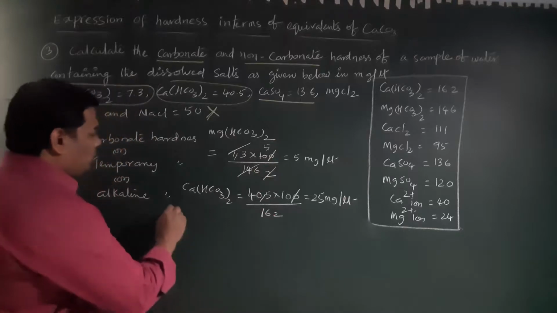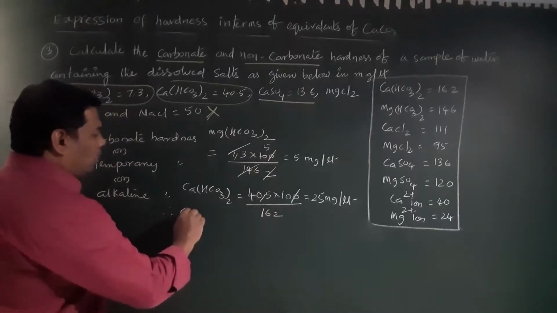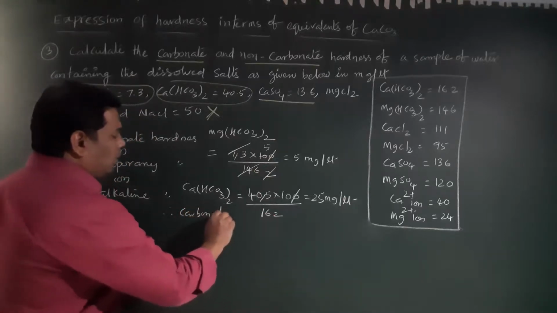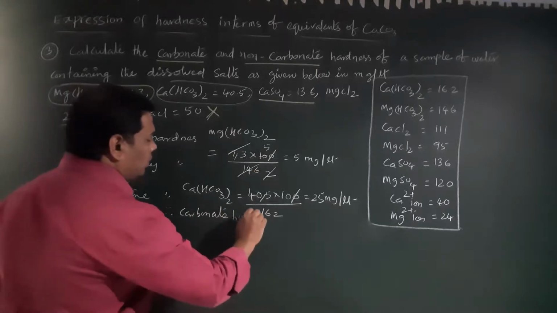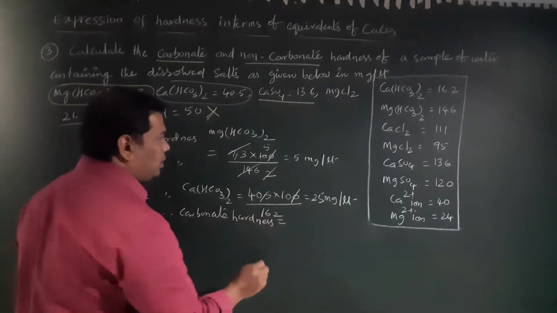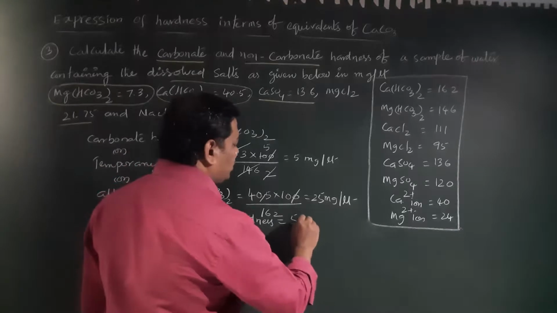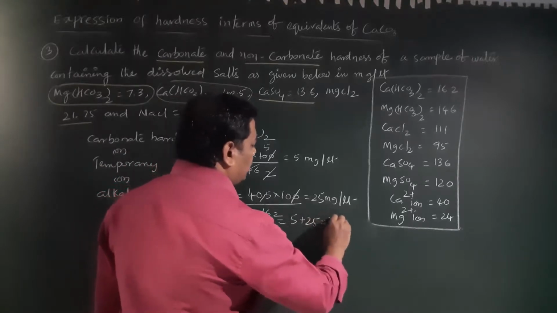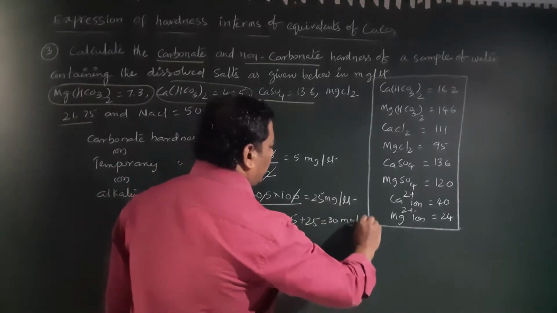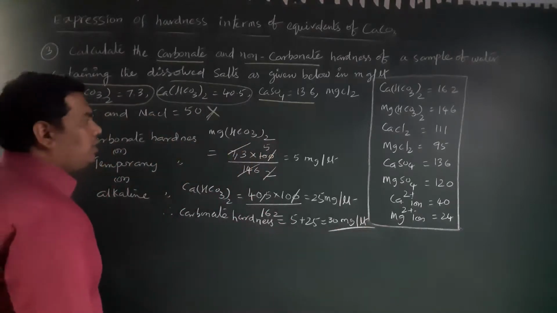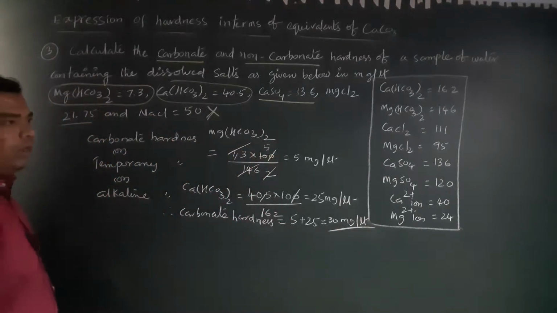Therefore, carbonate hardness is equal to 5 plus 25, that is equal to 30 milligrams per liter. So these are the carbonate hardness causing salts.